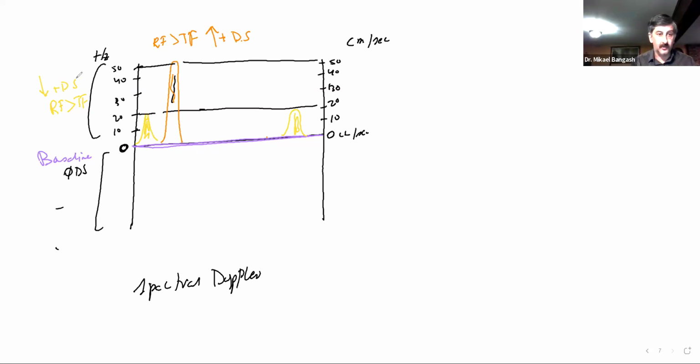All these values here are going to be positive. So we can say the same: -10, -20, -30, -40, and for instance -50.